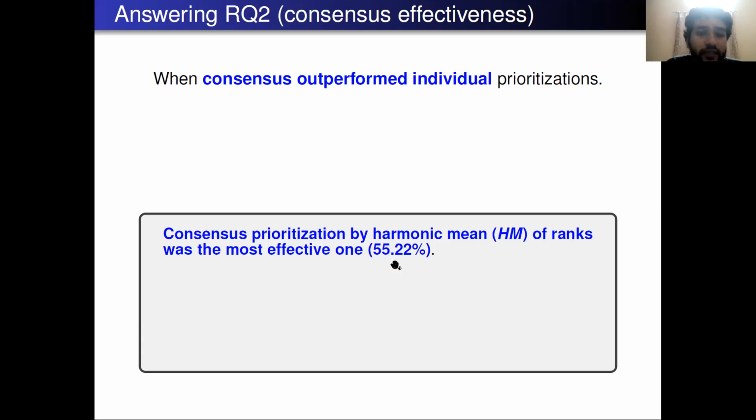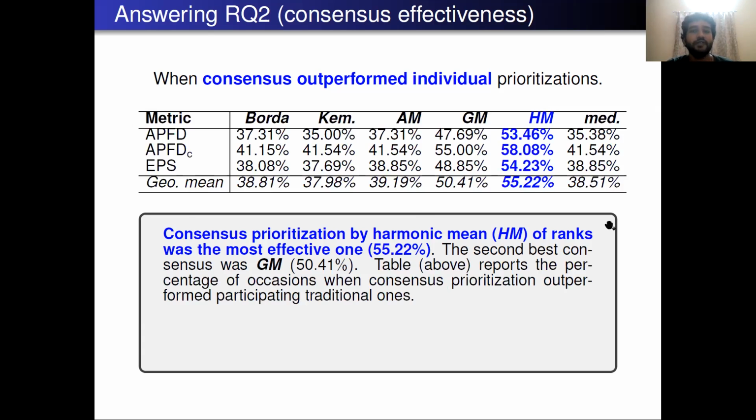This is actually the overall value. The second best was the geometric mean. This is the full table. We had three different metrics: APFD, cost cognizant APFD, and EPS. We see that consensus by harmonic mean was the best. The Borda and Kemeny, even if they were the classical approaches from social choice theory, were costly and less effective in terms of effectiveness of failure observation.